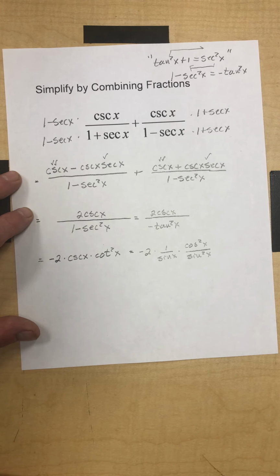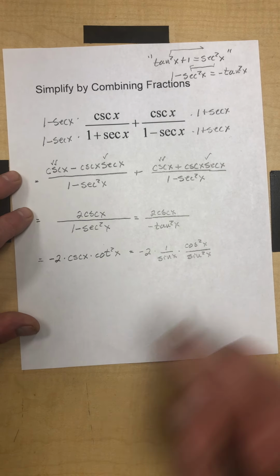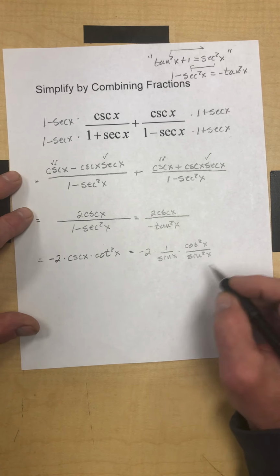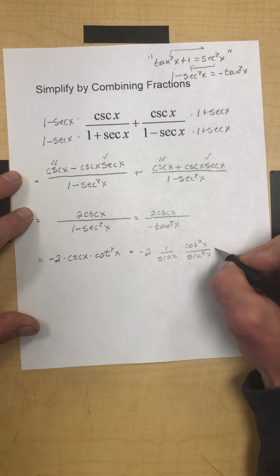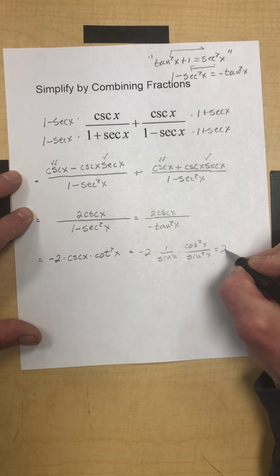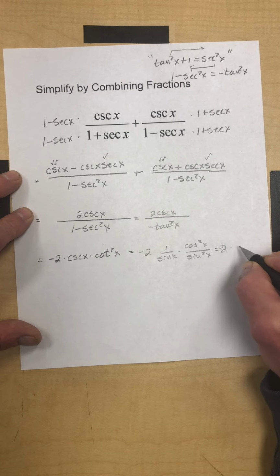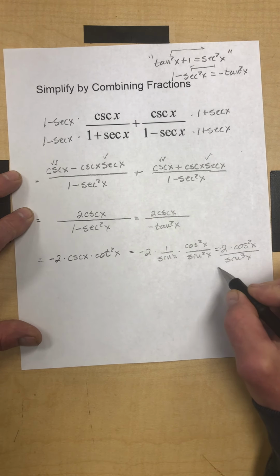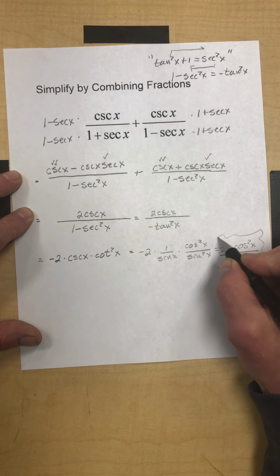I take a look there and notice that there is really nothing to cancel off. And if I keep going, it makes it even uglier. Now you have negative 2 times cosine squared of x all over sine cubed of x, and you look at this guy and you say, well, that's just getting uglier.